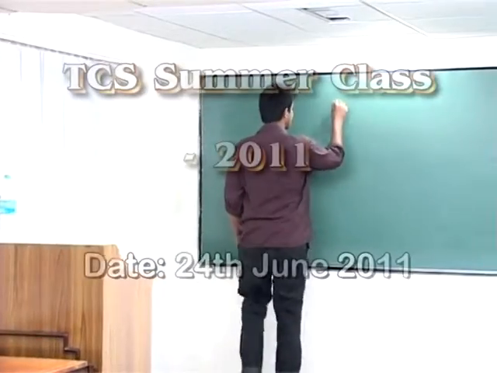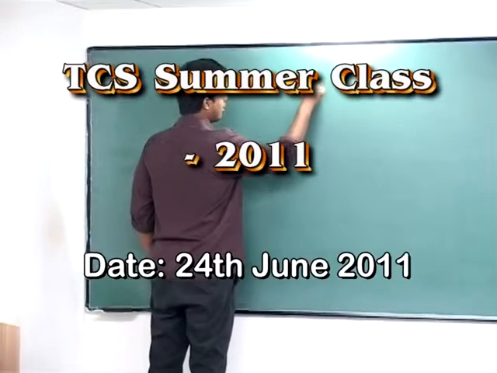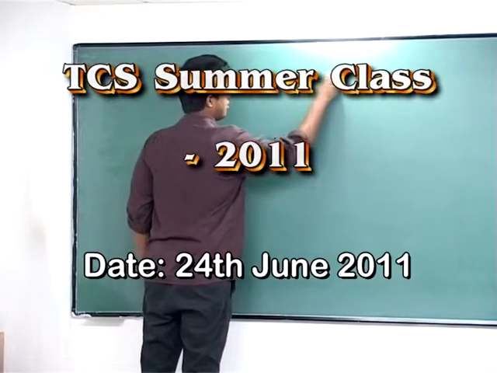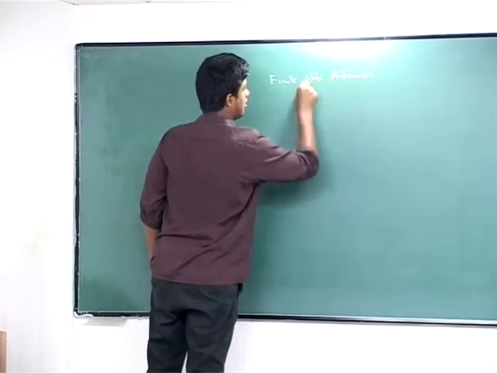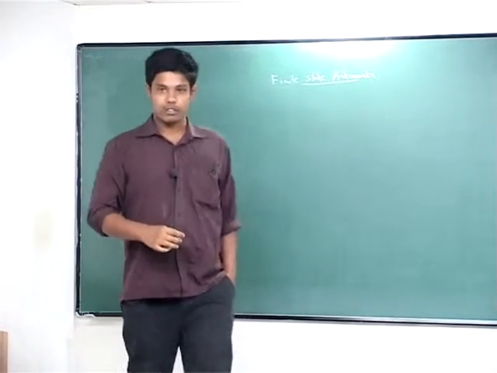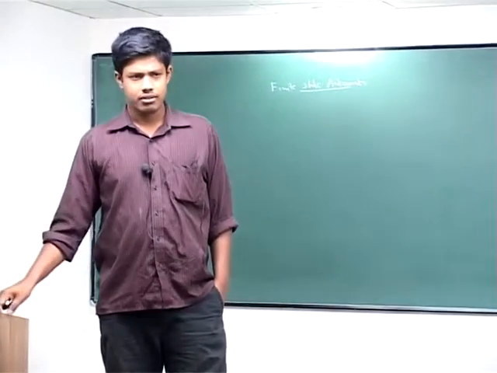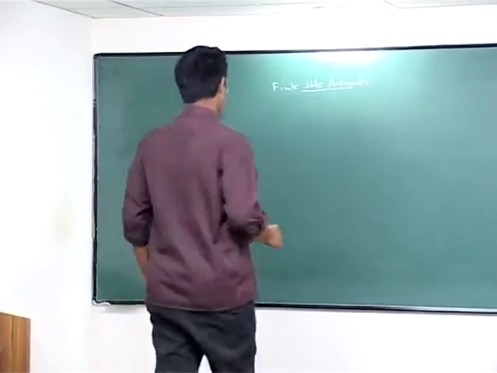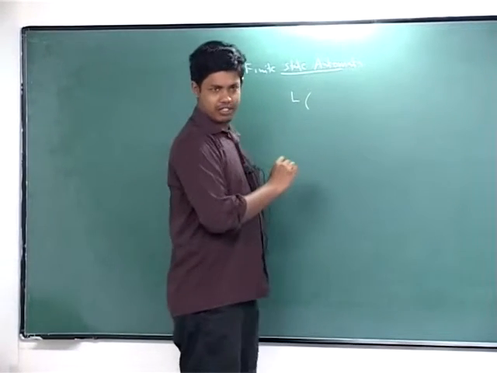Yeah, so I'm going to talk primarily about finite state automata. All of you had a course in automata theory? Okay, so then you remember what is a finite state automata?